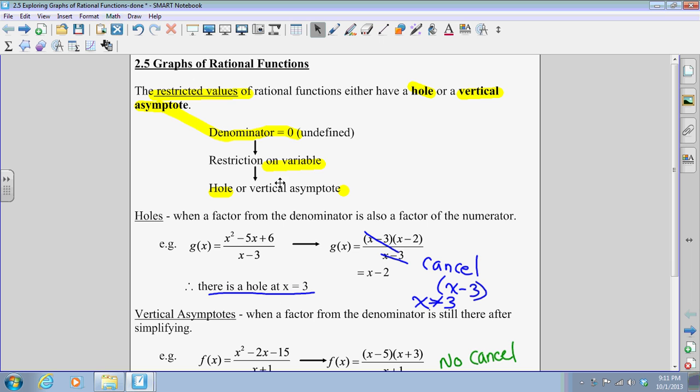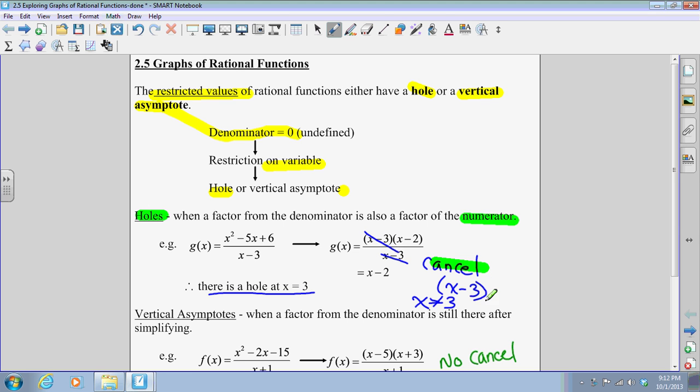So let's take a look, folks. So it says here for holes, holes exist when a factor from a denominator is also in the numerator. So basically it cancels. So you might want to write that in. Whatever cancels, ladies and gentlemen, becomes a hole. So in this case, you start off with an expression, you have to factor it first, especially the numerator. So we factor the numerator, and we could cancel x minus 3 in both the numerator and denominator.